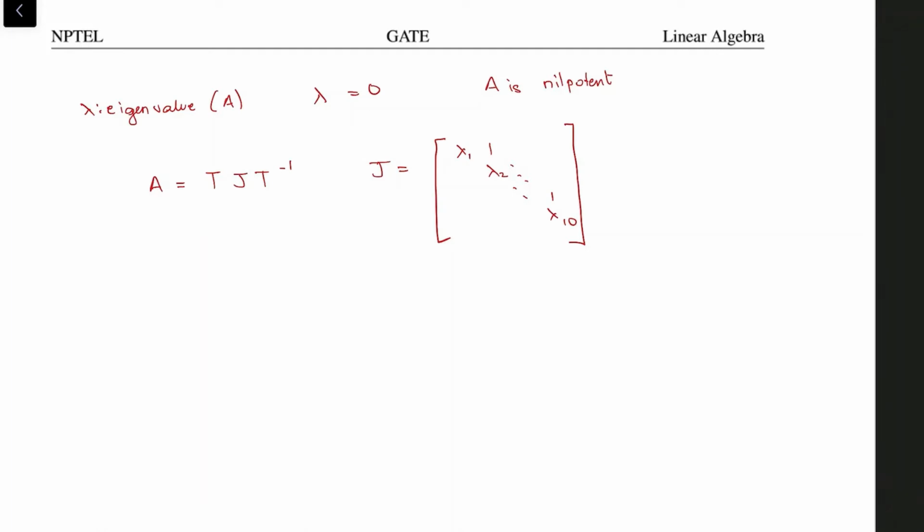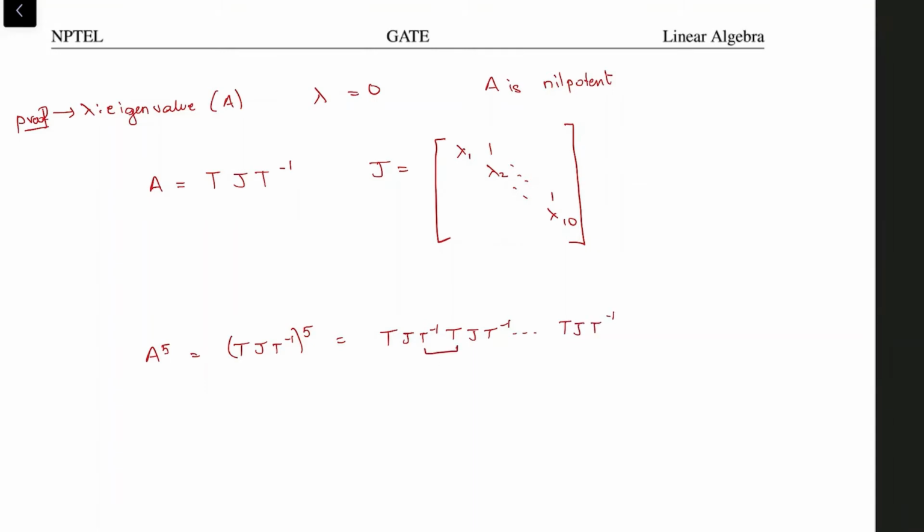If you do not require the proof of this fact, please skip to the point where I start solving the problem. So what will A power 5 be now? It will be T J T inverse the whole power 5, which is equal to T J T inverse into T J T inverse, and so on 5 times.